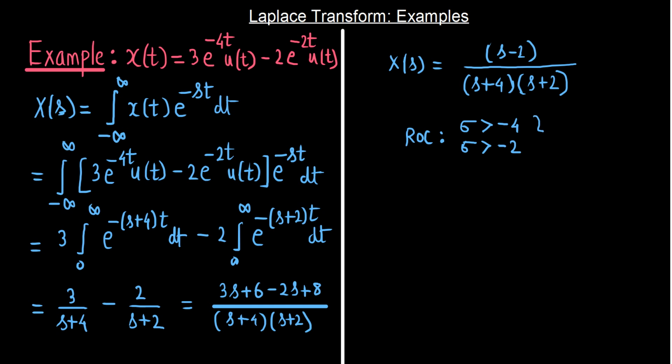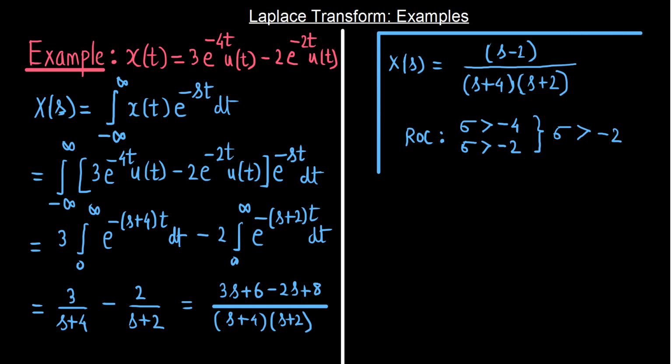Combinedly, as we know, we have to satisfy the convergence of both of these integrals, so we stick to the condition which satisfies both of these ROCs. So sigma greater than minus 2 and sigma greater than minus 4 gives the condition sigma greater than minus 2 as the common condition for the convergence of both integrations. So that is the region of convergence and the complete expression indicating the Laplace transform of the given signal.